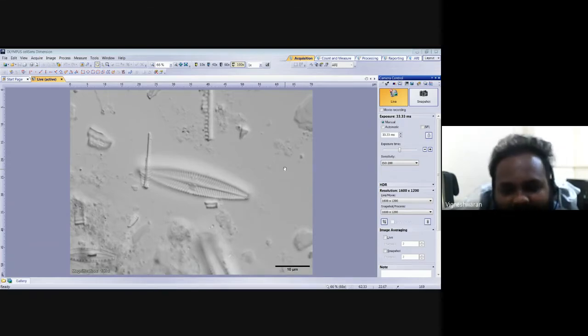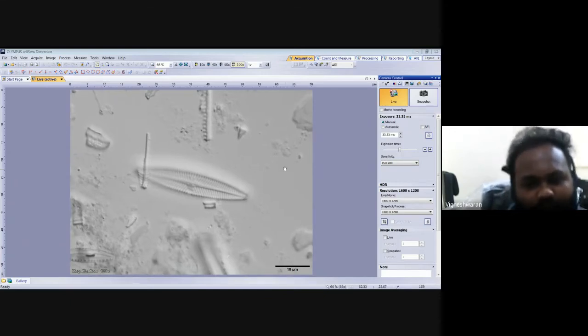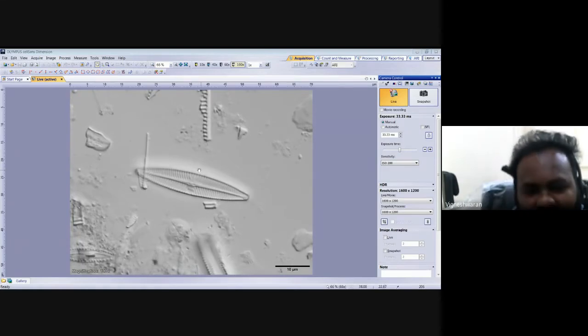Every different parameter we will collect. Later we will make slides like this, and in every individual slide we will count 600 individual diatoms.